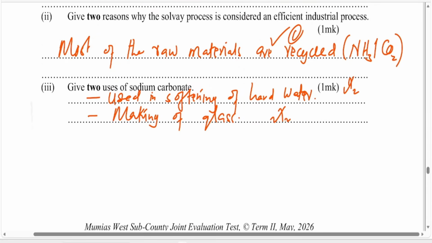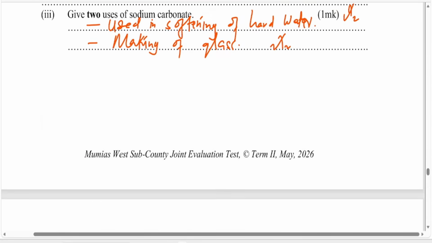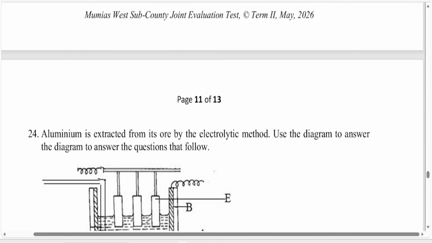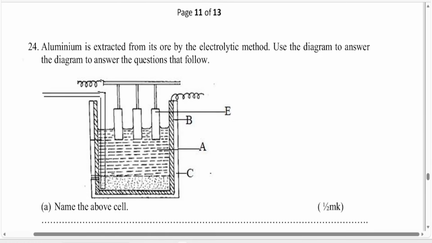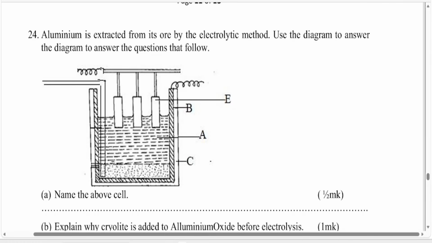Let's now move to question number 24, which reads, aluminium is extracted from its ore by the electrolytic method. Use the diagram to answer the questions that follow.